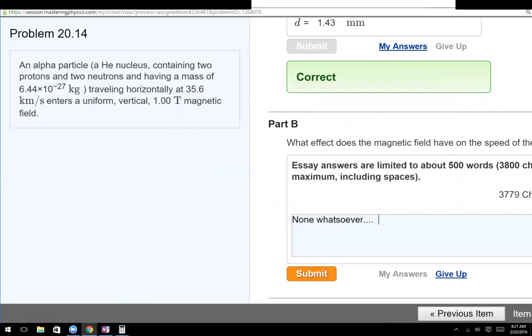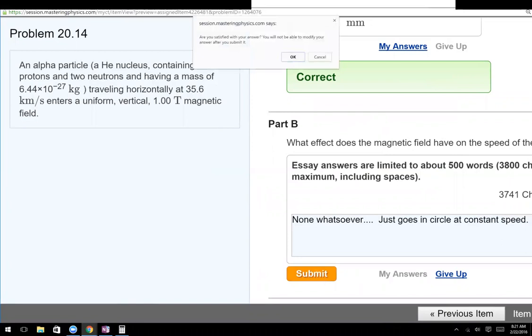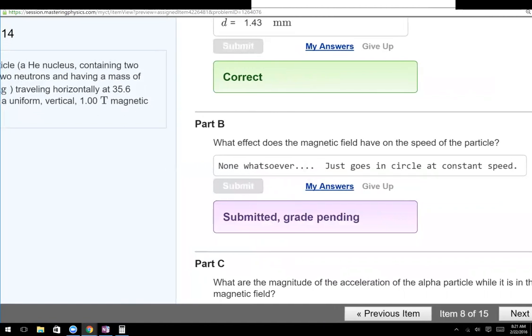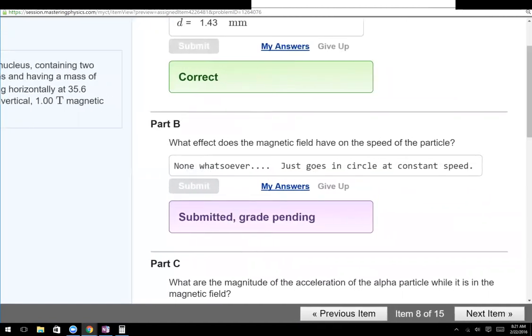None whatsoever. It just goes in a circle at constant speed. Yes, I'm satisfied with that answer, and I'll have to go back and grade myself at some point.